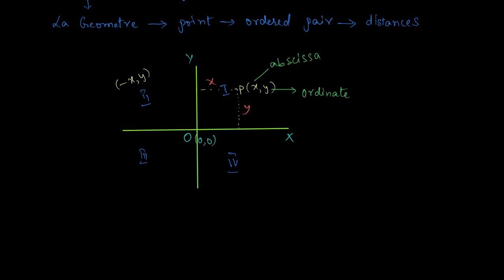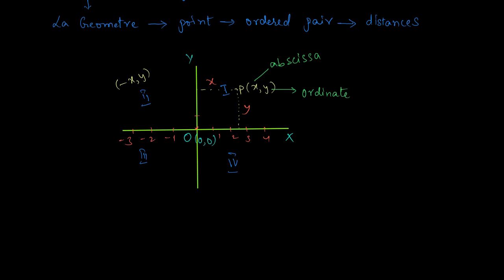The numbers we put here are represented like 1, 2, 3, 4. This is your positive x-axis. To the left of the origin will be the negative x-axis, and the numbers will be -1, -2, -3, and so on.